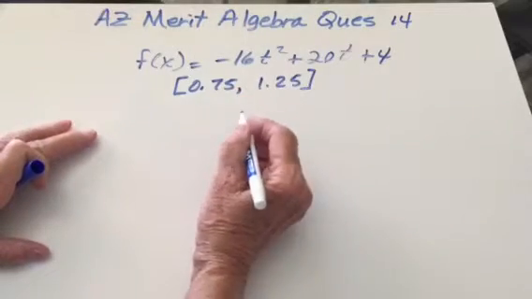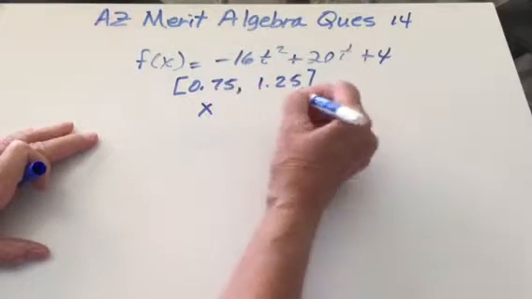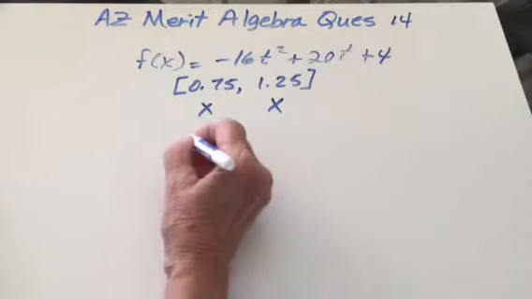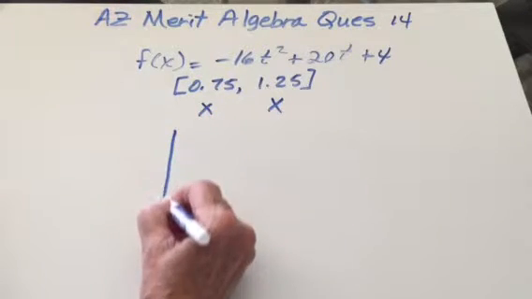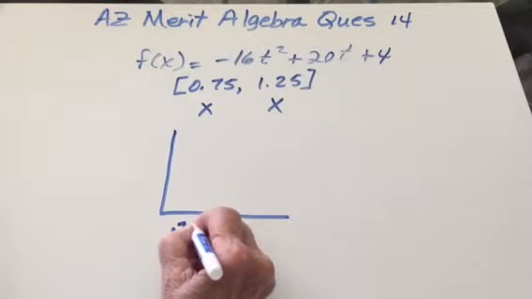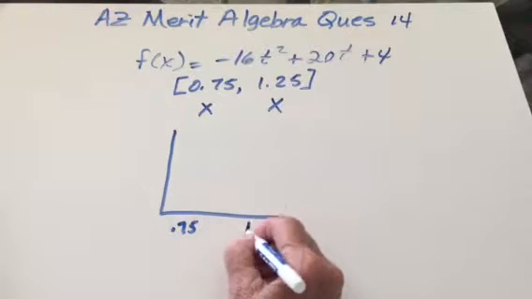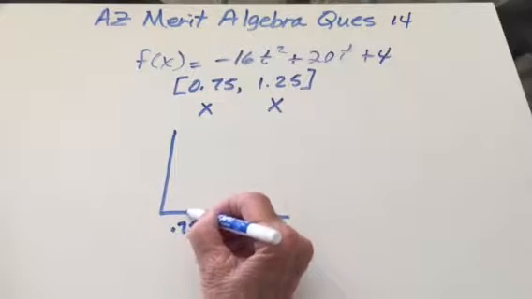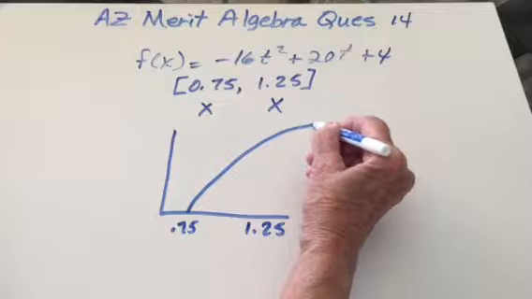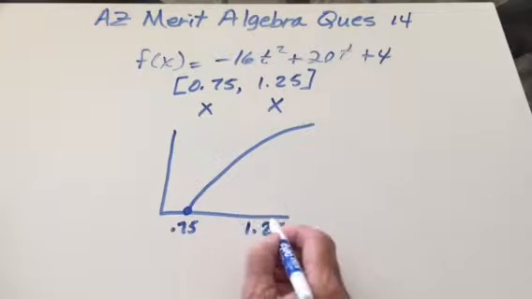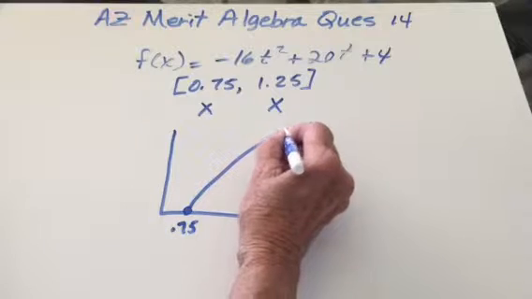What this means is this is an X value and this is an X value. So basically what they're asking you to find is the slope between 0.75 and 1.25, between this point right here and this point right here.